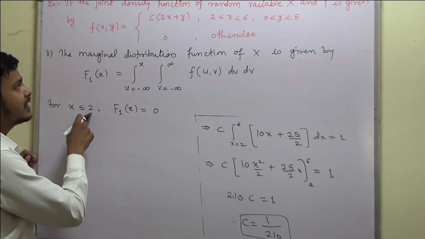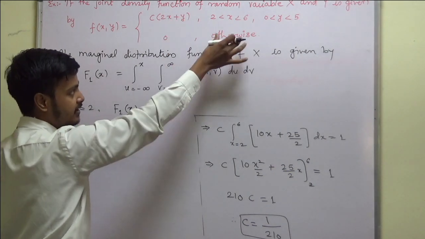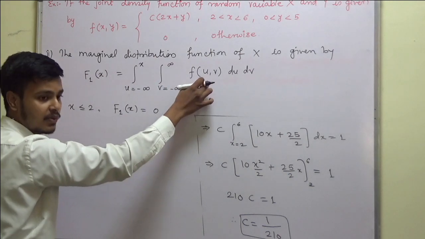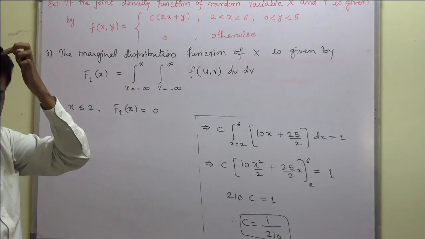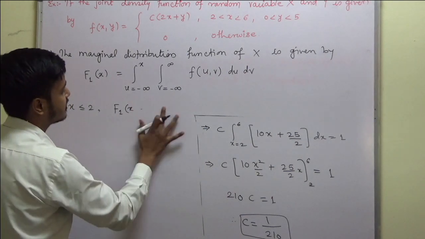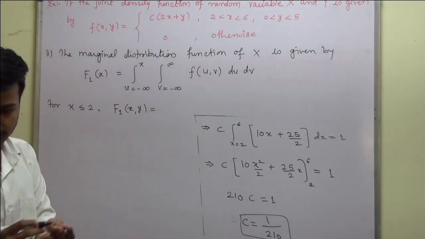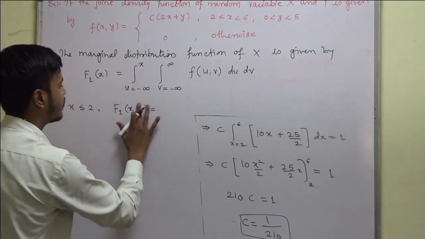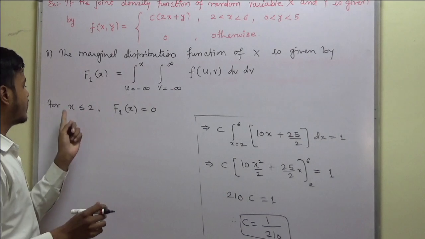For x less than or equal to 2, we don't have a functional value, which means this falls under otherwise, and the function value is 0. So when you put 0 here, integration of 0 is 0. So f1 of x is 0. Correct. Now this is for x less than or equal to 2.